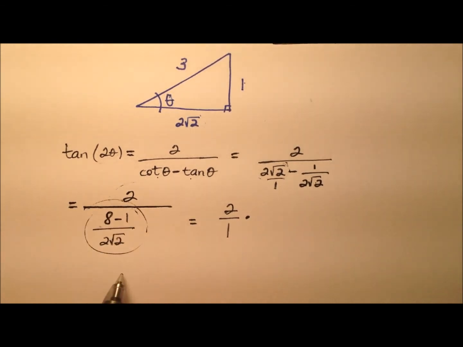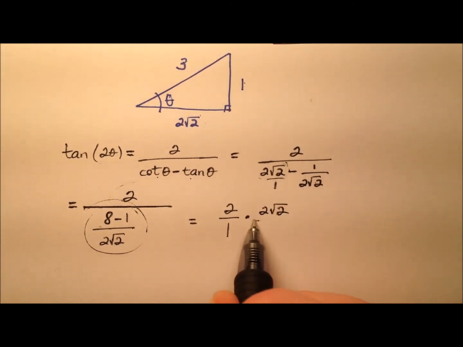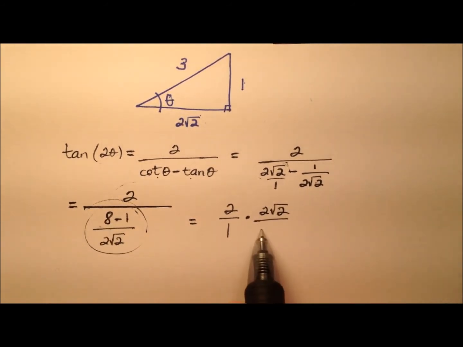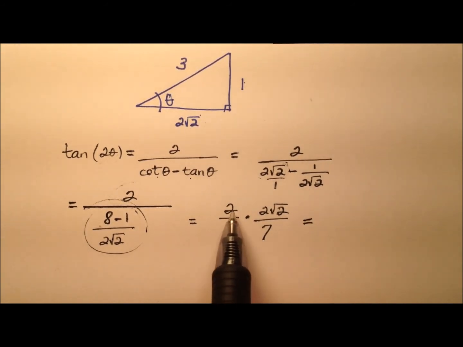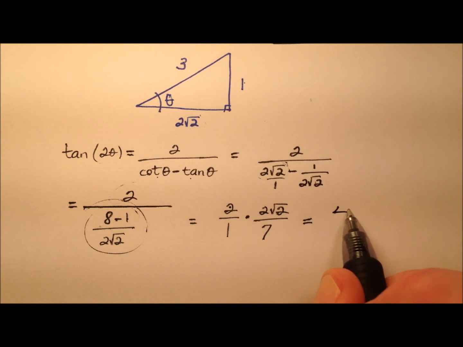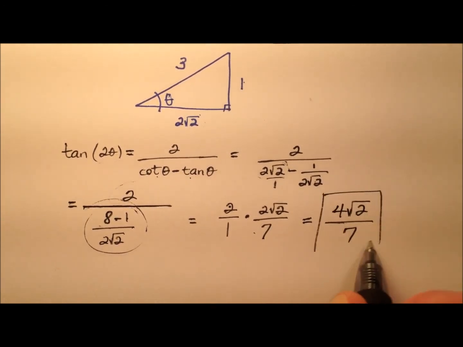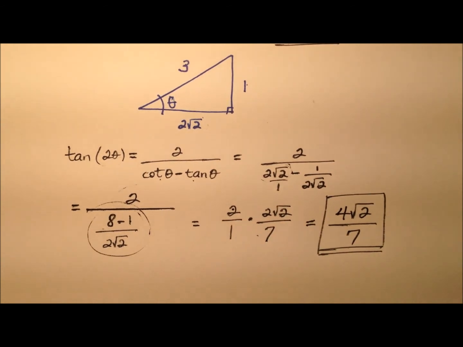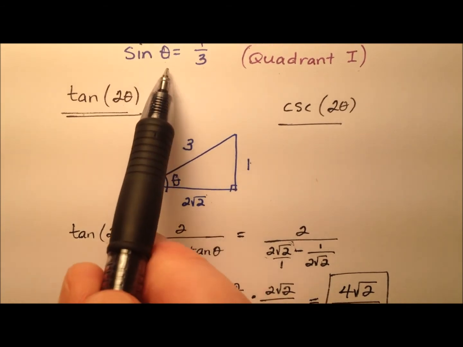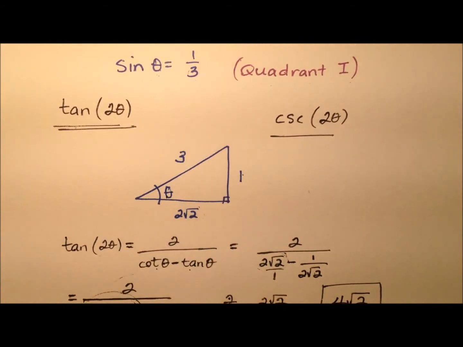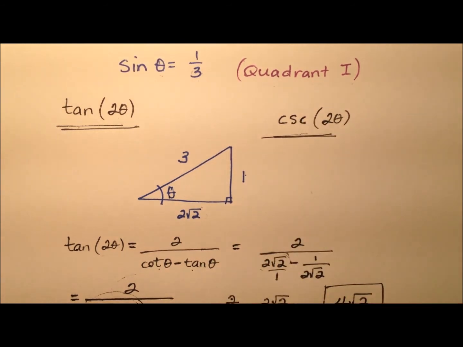So we're going to be dividing by this fraction, but division is really multiplication by the reciprocal. And 8 minus 1 is 7. So wrapping this up, I'll have 2 times 2 radical 2, so 4 radical 2 over 7. And that will be my double angle then for tangent, as long as my initial angle theta has this sine value of 1/3.